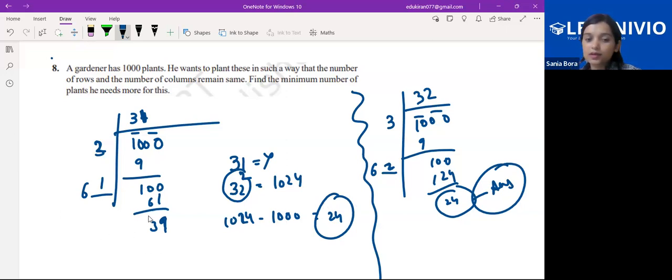You don't have to do anything with the remainder in this scenario because the remainder is greater than the quotient. When the remainder is greater than the quotient, then you follow this step: take another number after 31. So after 31, 32 comes. And the square of 32 is 1024, and you subtract and you get the answer.